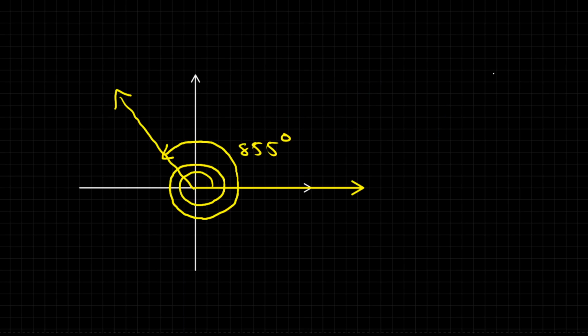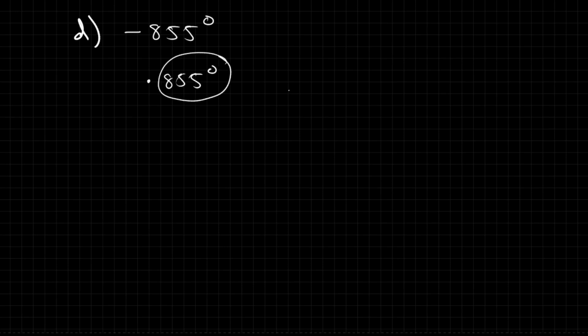Now let's do a small bonus example here, part D. What if we wanted negative 855 degrees? Since this is a negative angle, we would work with 855 degrees. We would realize we had to subtract 360 degrees twice from this to get an angle between 0 and 360.